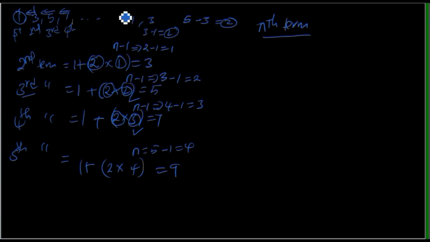So when you want to get the 100th term, the 1000th term, the 50th term, the 10,000th term, those are so many terms you can't write on a piece of paper.